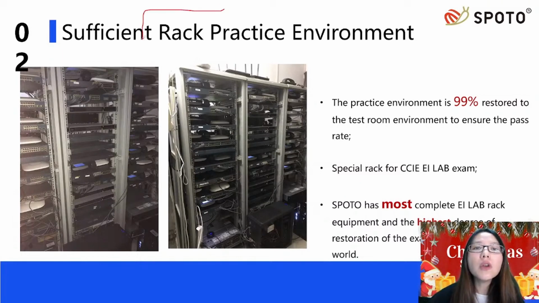Secondly, it is about our CCIE rack. We will provide sufficient racks for everyone. You can flexibly arrange your spare time to practice through the cloud. Our CCIE racks are mainly in China and North America, so you don't need to worry about them.